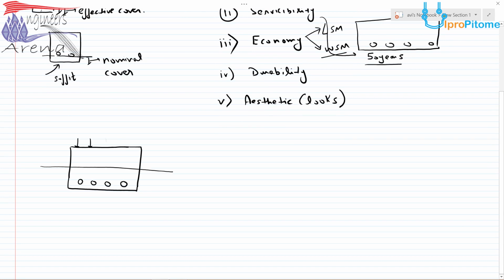When the loading is done from the top, the upper fibers get compressed, and the lower fibers come into tension. This middle line is the neutral axis. Now the beam bends like this. This will be the neutral axis for the bent portion. Now let me change the color.